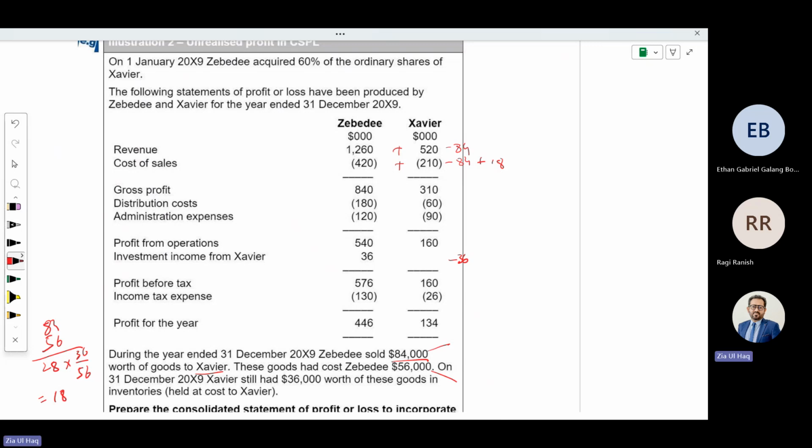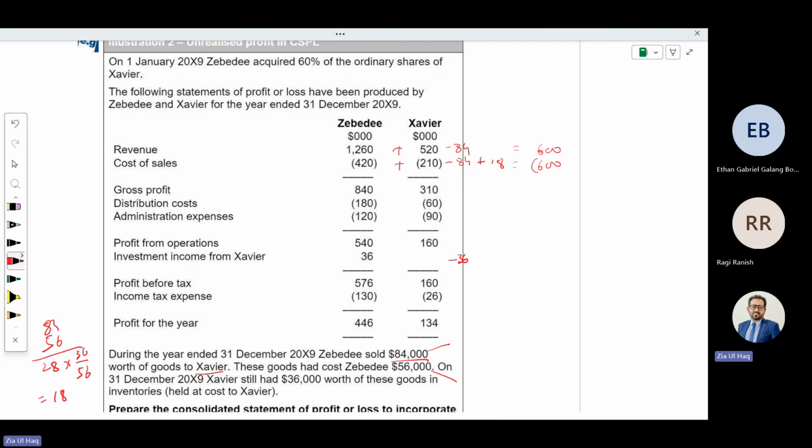So we will calculate gross profit. What is the sale value? 1260 plus 520 minus 84. Sorry, 600. What is cost of sales? 420 plus 210 minus 84. Cost of sales: 420 plus 210 is 630 minus 84 plus 18.